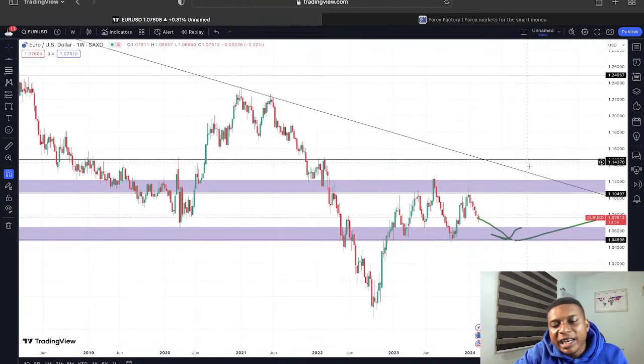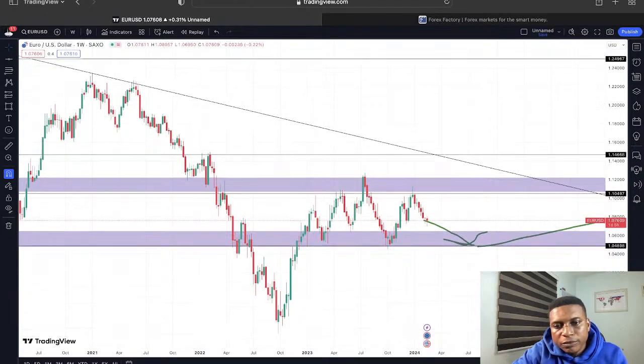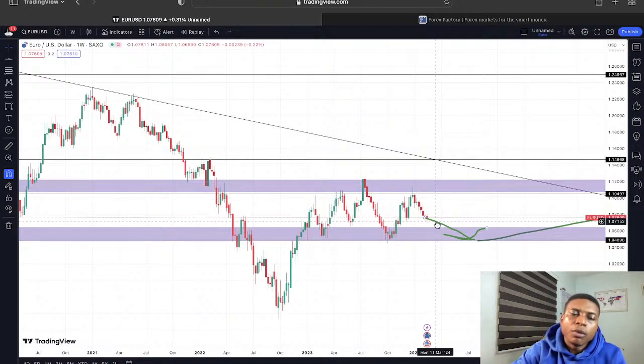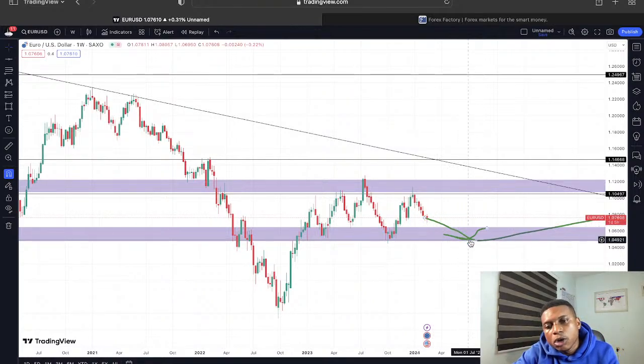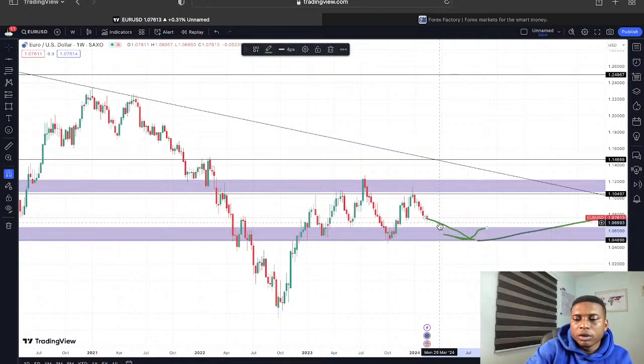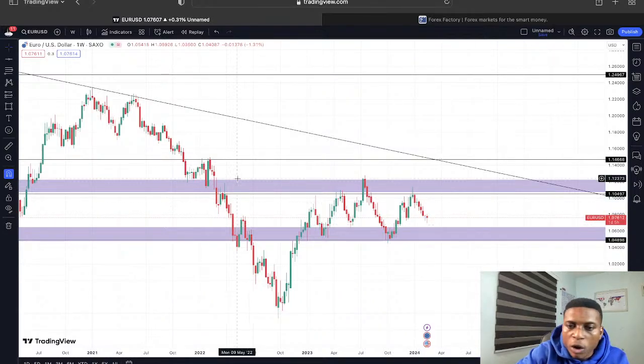So we can see here now, this is the weekly time frame. On the monthly time frame, we had already said price might be seen coming to this region to touch this region before going back up.